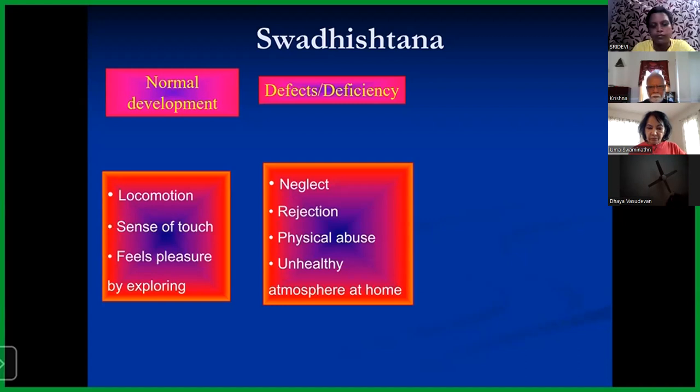Another example, secondly, is when the mother and father quarrel. Sometimes the father abuses the mother physically or verbally. The child loves the mother because the child has been brought into this world by the mother.